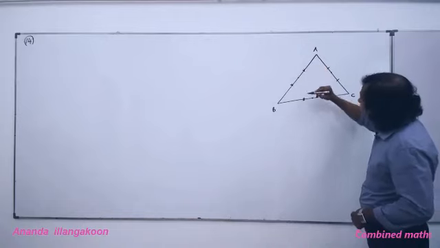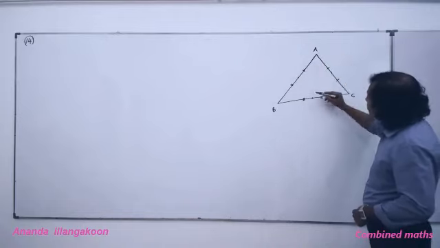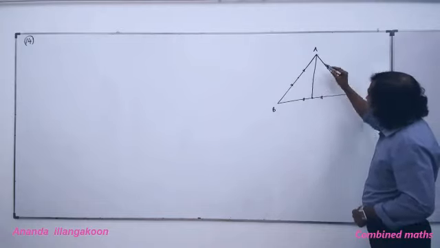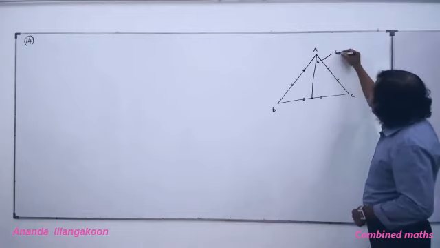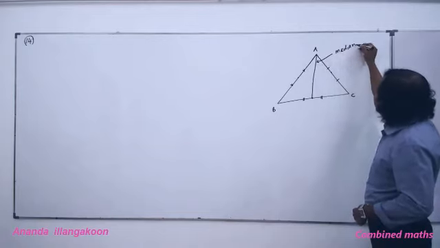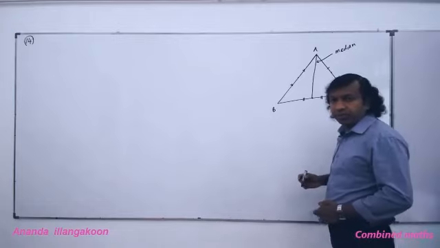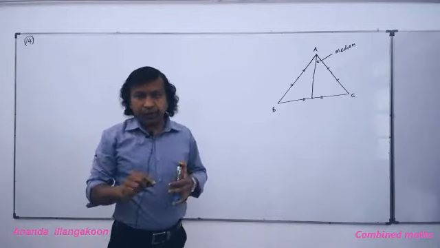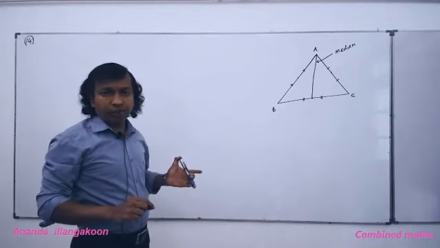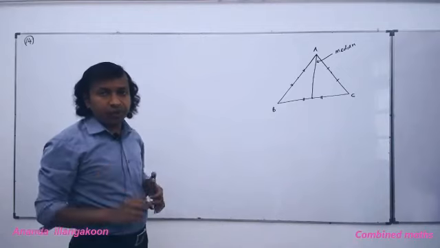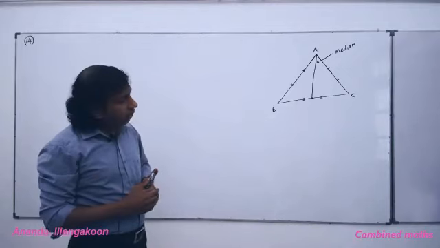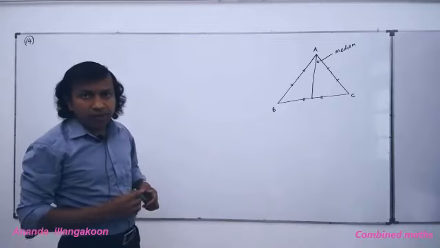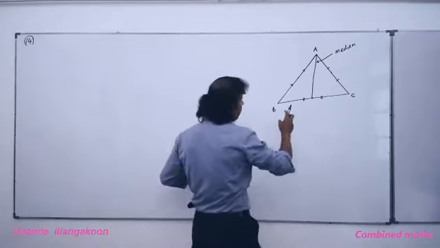Now I join this vertex to the midpoint of the opposite side. This line is called a median. What is a median? A median means a vertex of a triangle joined to the midpoint of its opposite side. This way, we can draw 3 medians for a triangle.